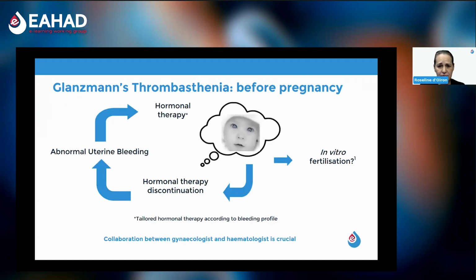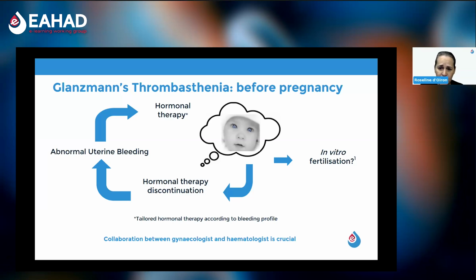Indeed, women with Glanzmann Thrombasthenia usually have abnormal uterine bleeding, sometimes quite severe, that requires hormonal therapy. And usually we can control that with the combination of estrogen and progesterone. And sometimes we need to induce therapeutic amenorrhea in order to control those bleedings.